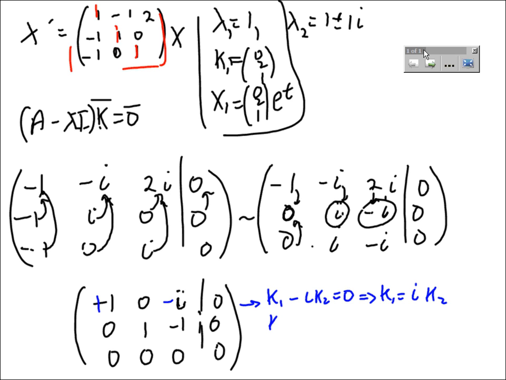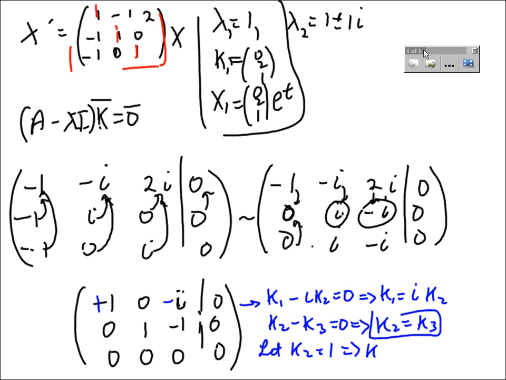Second equation tells me that k2 minus k3 is 0. That means k2 equals k3. So how about I let k2 equal 1? Well, that would mean that k3 is 1. And it would also mean that k1 is i.